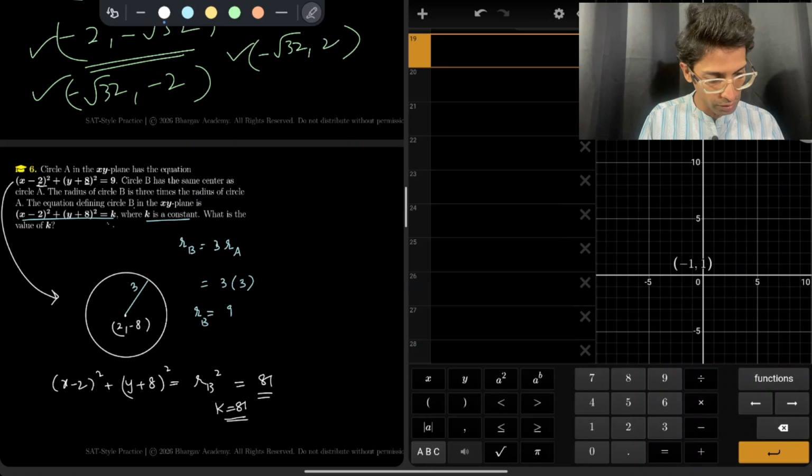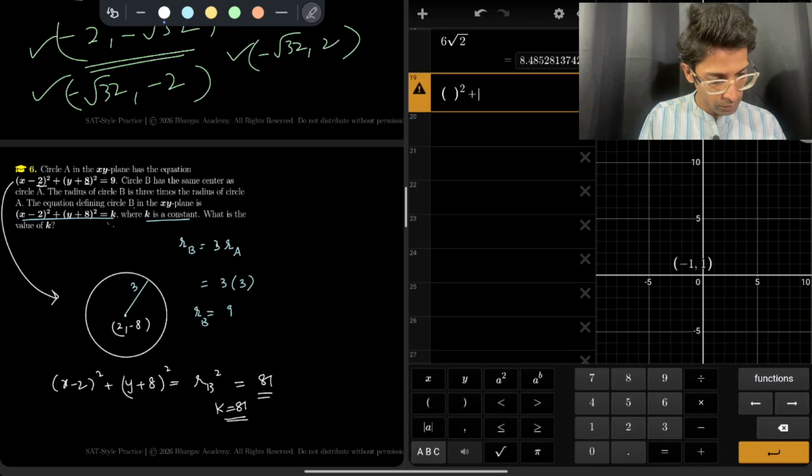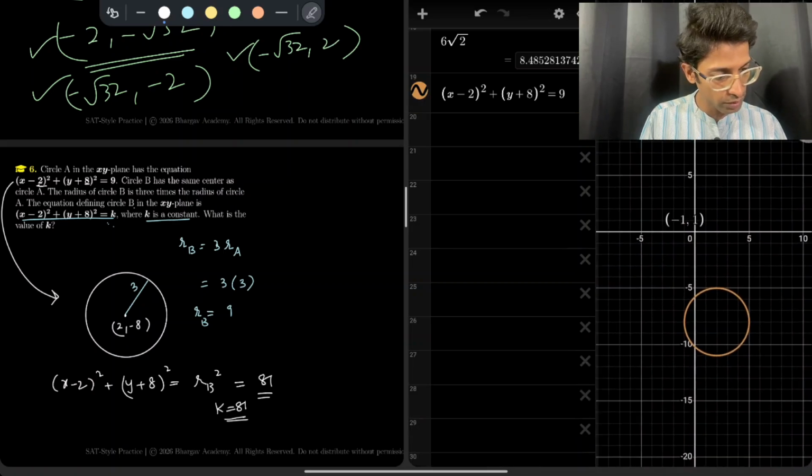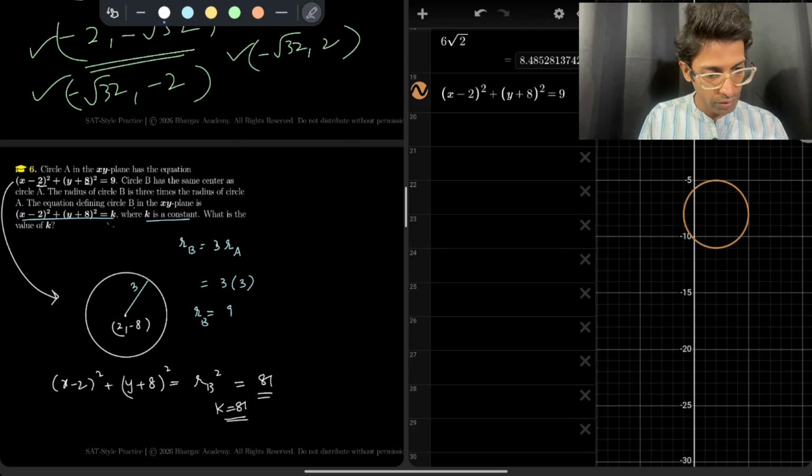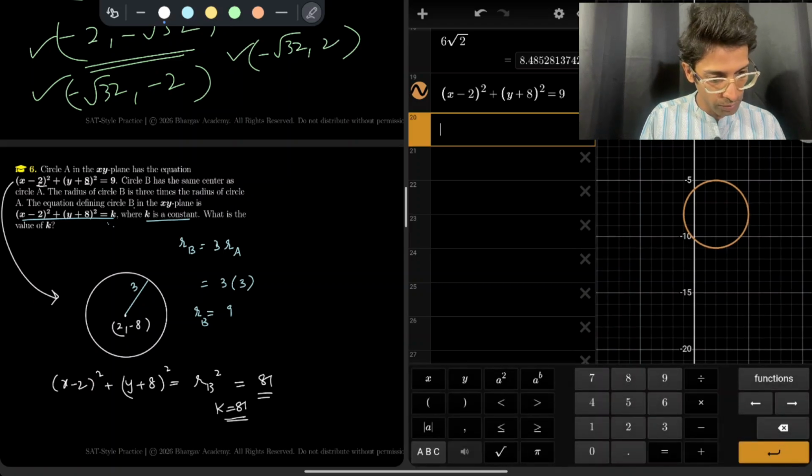Let's type down the first equation. (x minus 2) squared plus (y plus 8) squared equals 9. So that is the equation of the circle. The center is 2 comma minus 8, but let's type down the next equation.